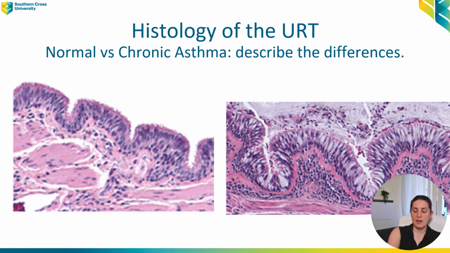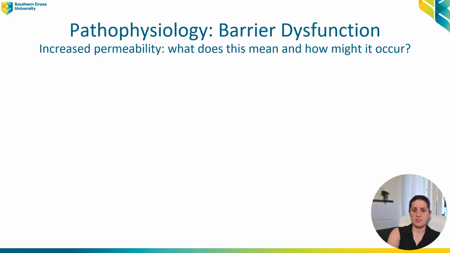You can also see in the asthmatic image that there's a lot of immune cell infiltration. And we can also see this really distinct basement membrane, whereas the basement membrane is hard to visualize in the healthy tissue, and it's really, really thick here. One of the reasons for this is just an attempt at regeneration of cells, so there's a lot of hyperplasia of basically everything.